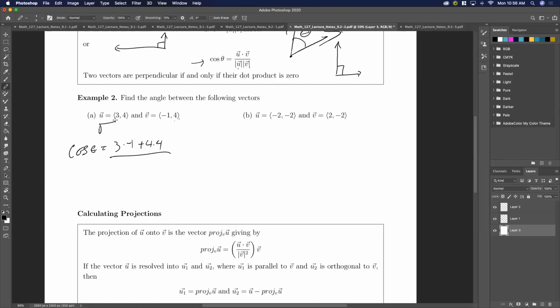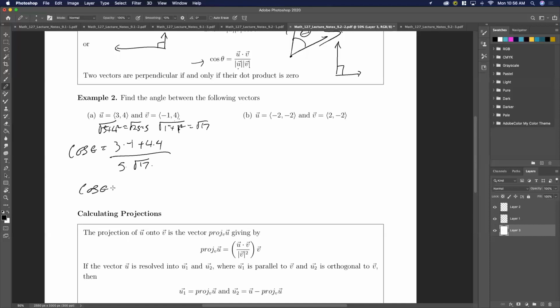So the magnitude of u is the square root of 3 squared plus 4 squared, and this will be the square root of 1 squared plus 4 squared. And so this is equal to the square root of 25, so this is just 5. This is equal to the square root of 17. Doesn't really simplify from there. So here I'll put in 5 square root 17.